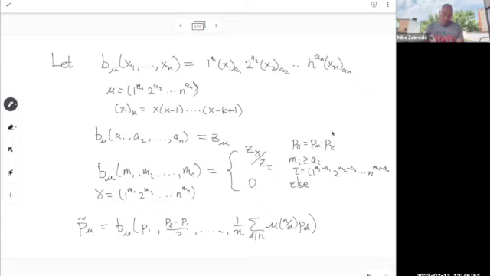Then this is also going to be equal to p tilde mu at psi gamma. So here's a symmetric function and I've given its power sum expansion, right? It's this weird polynomial in the power sums. It's these falling factorials evaluated at these expressions, but it is a power sum expansion for this element.